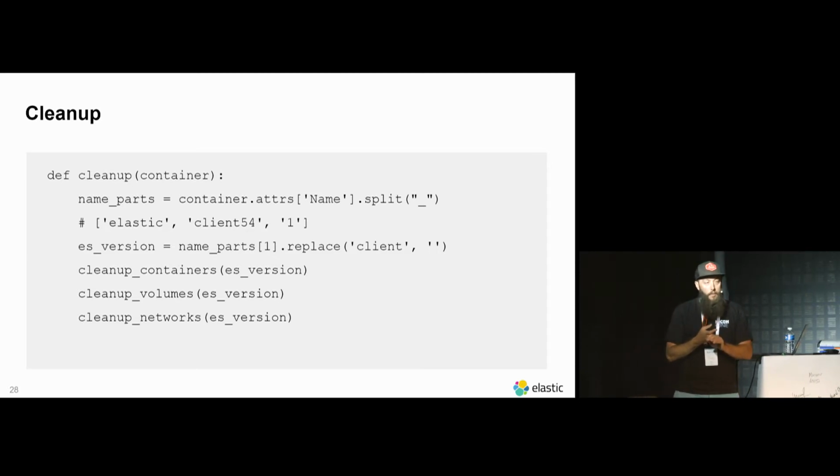our volume names are going to be determinable. Also, the networks, containers, and volumes will all be determinable based upon how we've set this up. So our volume is going to be elastic_ES53 or ES54. And the container name running the Elasticsearch instance itself is going to be elastic_elasticsearch53_1.